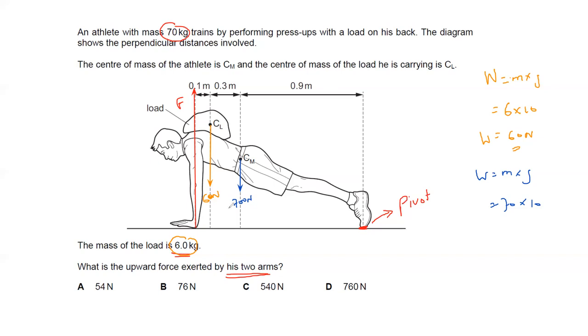Now what happened? Because of the load, because of the weight of the athlete, which direction will he tend to rotate, clockwise or anti-clockwise? Because of his own weight, which direction does he tend to rotate? Is it clockwise or anti-clockwise?